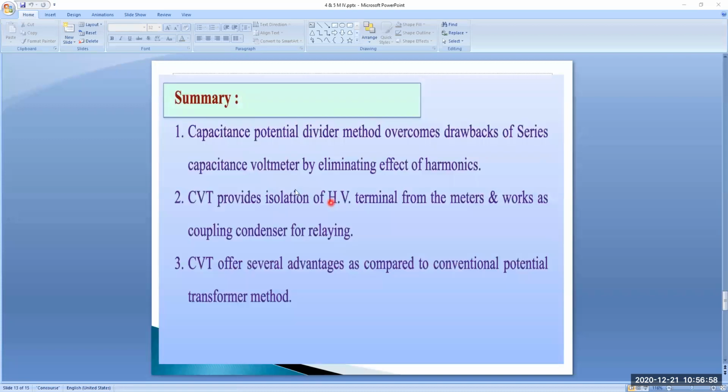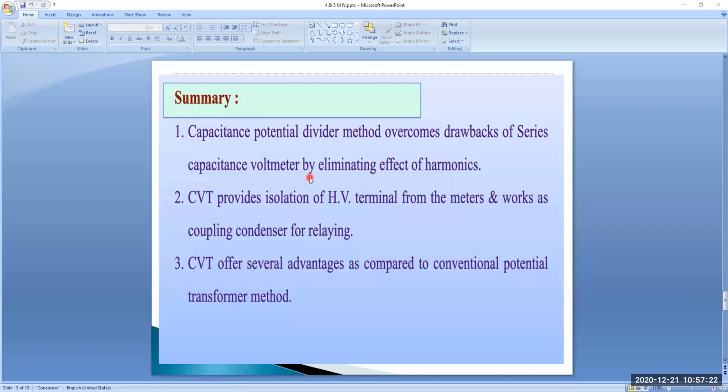Okay, it's clear. And next, finally, summary. Capacitance potential divider method overcomes drawbacks of series capacitance voltmeter by eliminating the effect of harmonics.